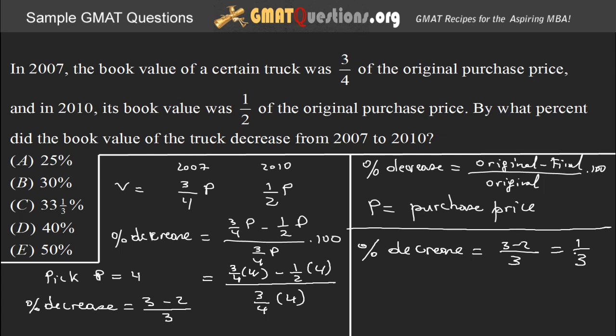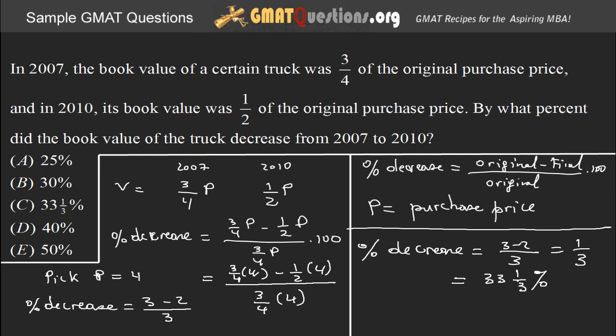As I said before, make sure you know your fractions, the typical fractions. Okay? And here it's clear that the percentage decrease, 1/3, is 33 and 1/3%. As you see here, sometimes I write it as a fraction or as a percentage.